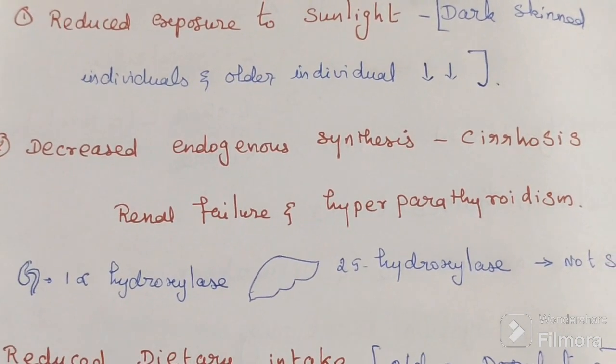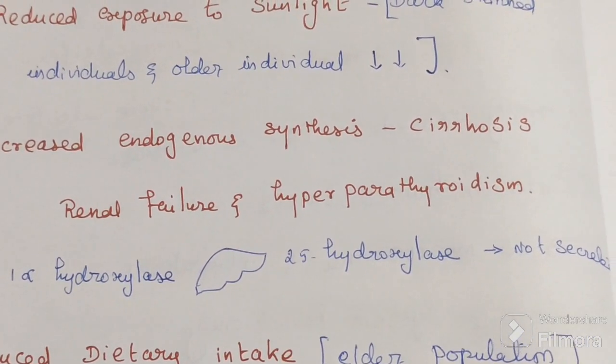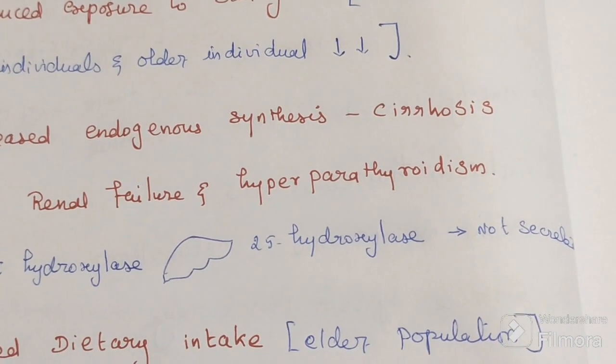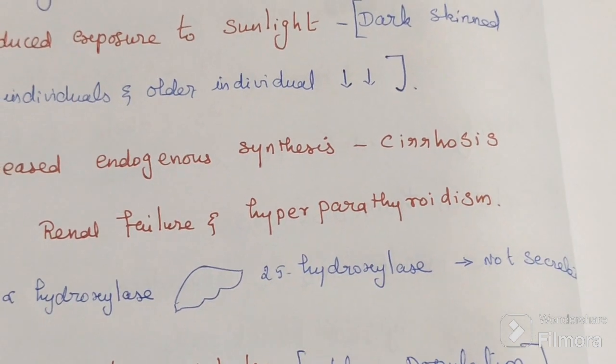In this case, the kidney's 1 alpha hydroxylase enzyme and the liver's 25 hydroxylase enzyme are not secreted properly.